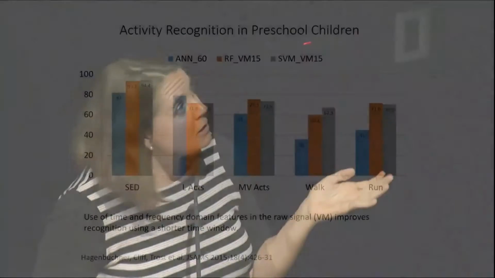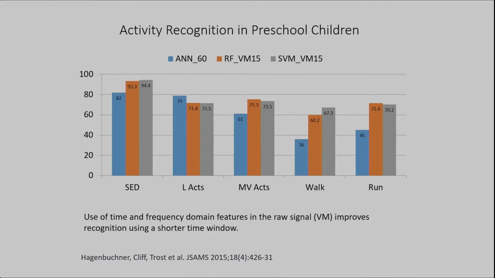And what this shows from Stuart's work is that he's looking for any bias. He first developed a neural network, and you can see that it's performing better than some typical cut points, and this was in kids. And then he's also done some work in preschool children as well. Here you can see he's got the neural network, a random forest and a support vector machine.